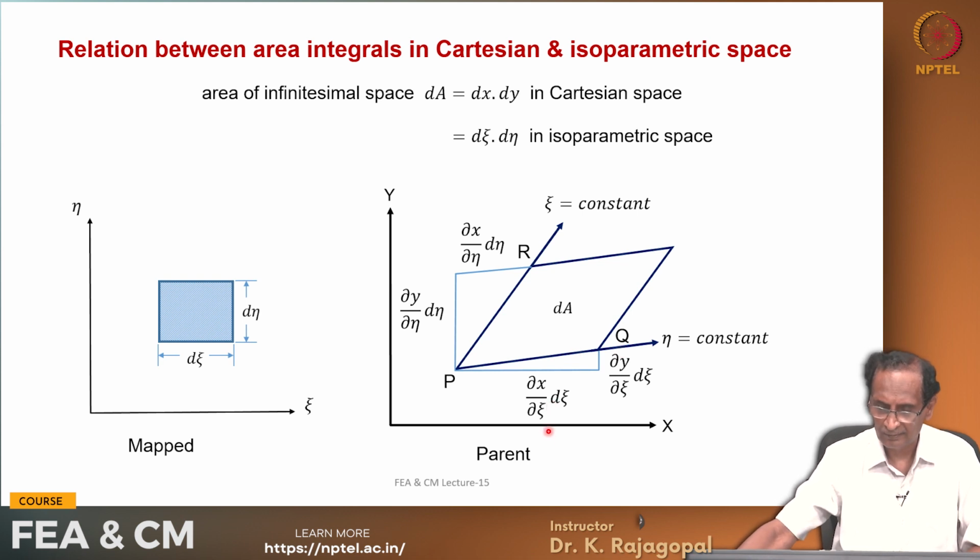So we do not have the dou x by dou eta and dou y by dou eta terms, because d eta is 0. So we can write this length as dou x by dou xi times d xi, and this as dou y by dou xi d xi. Okay. And PQ is a vector: dou x by dou xi d xi in the i direction plus dou y by dou xi d xi in the j direction.